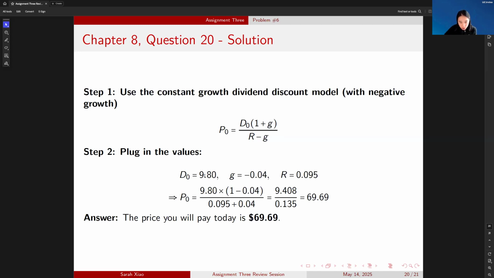We have D0 to be 9.8, and G is minus 4%. And the required rate of return is 9.5% given in the question. So we have the stock price today to be about $69.69.